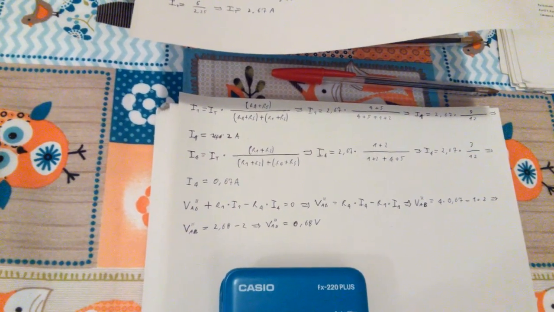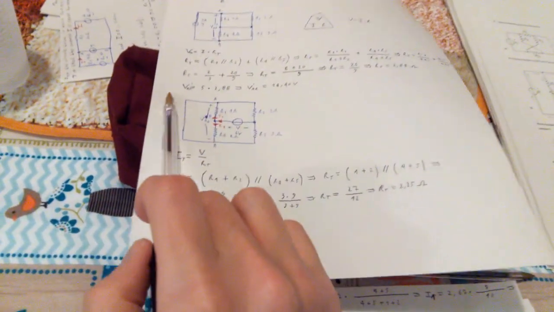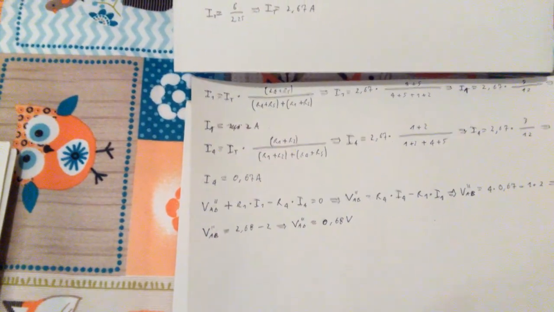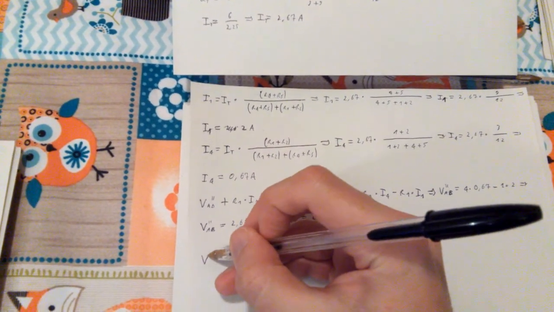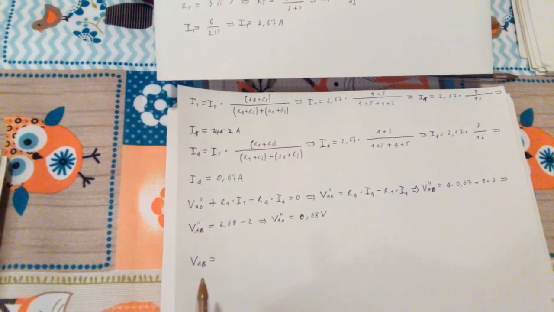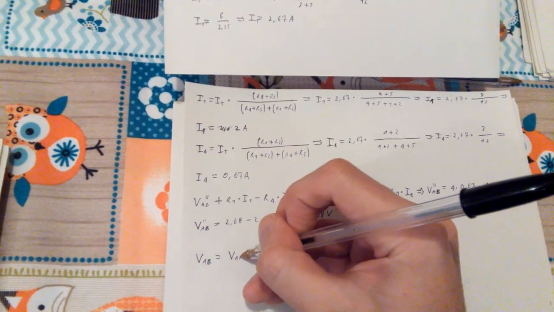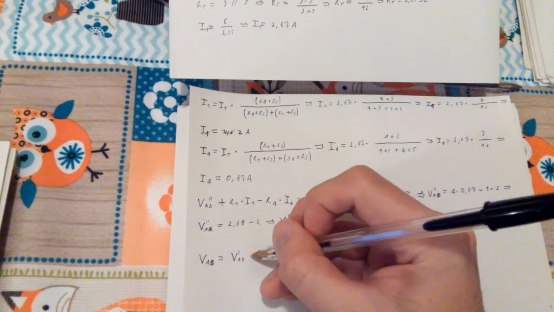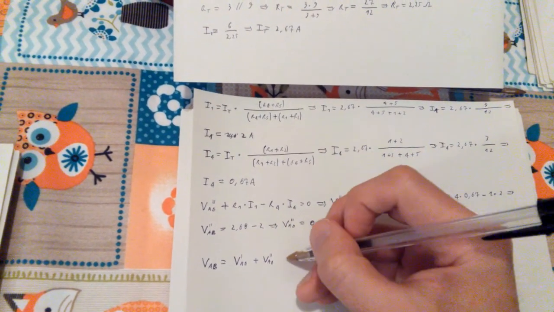So now I can finally say, okay, I know what VAB first is, I know what VAB second is. I can use the superposition of effects and say that VAB, the real one, the one I want to find, is actually VAB first plus VAB second.